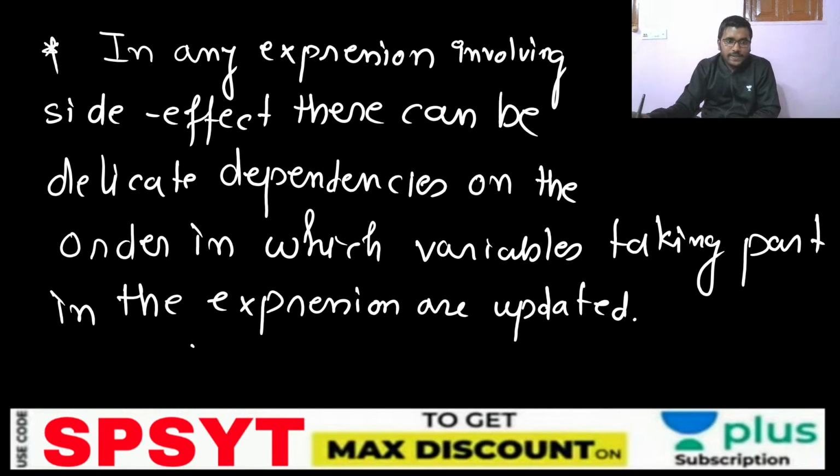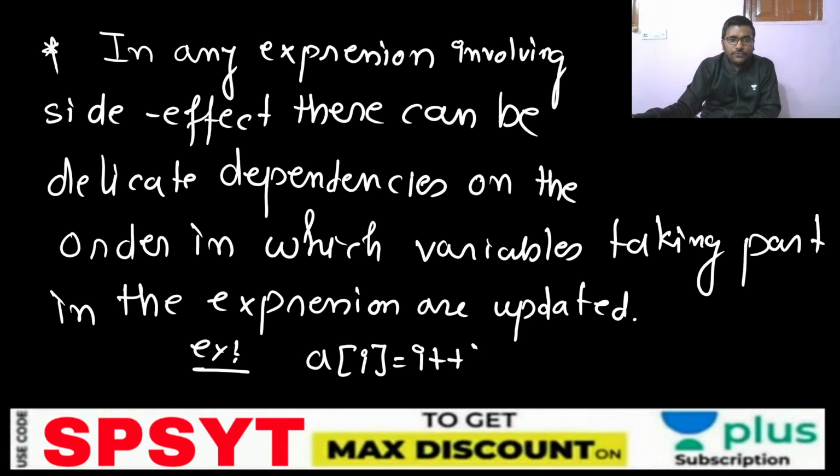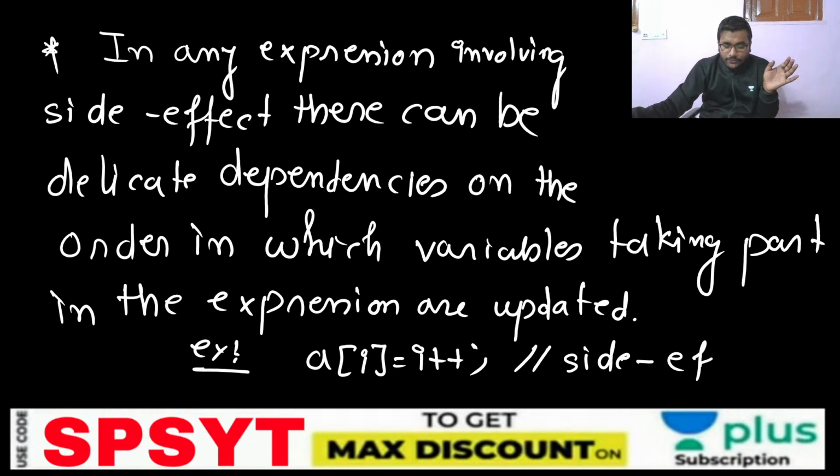One more example, here is also ambiguity, side effect, a[i] = i++. Whether it will use the previous i in the assignment or after increment, it doesn't know. So it depends upon the compiler.